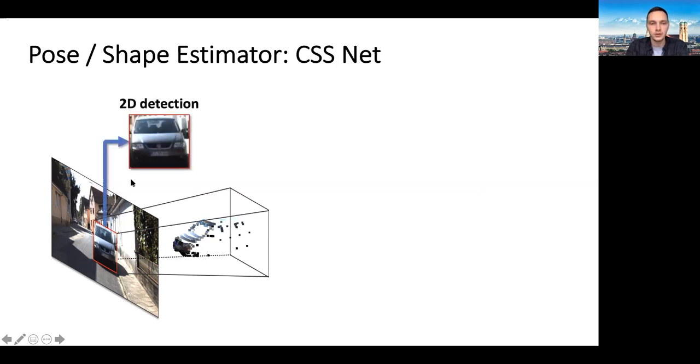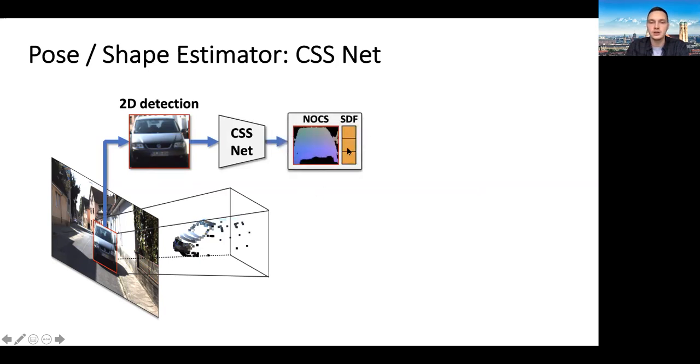Once you have the bounding box, you feed it to the CSS network, and the CSS network outputs two things. First is an image of the same size with the normalized object coordinates. Each color here represents a 3D position on the surface of the car.